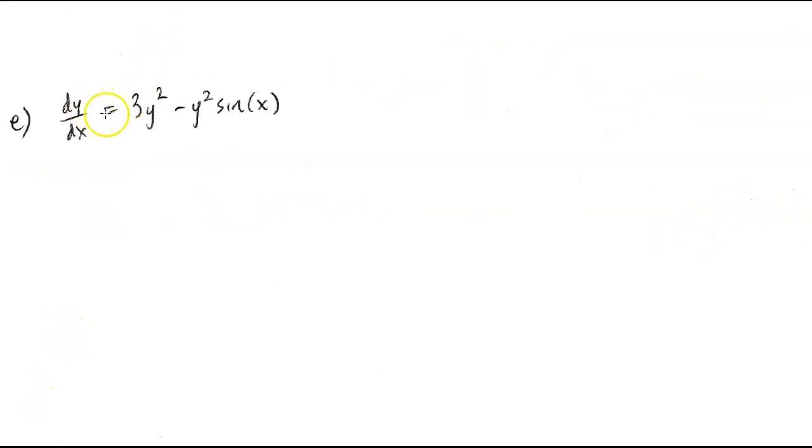Okay, so for our next solution, we see that we have dy over dx is equal to this expression here. And notice that both terms have in common a y squared. So if we were to factor that out, we would have the situation here. And notice that from this, we're only looking at the y squared factor.